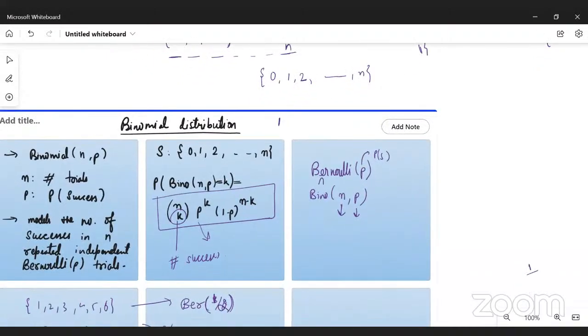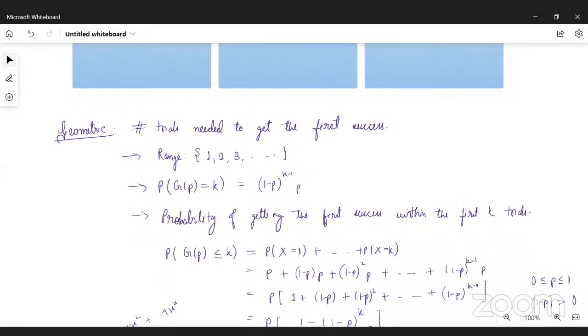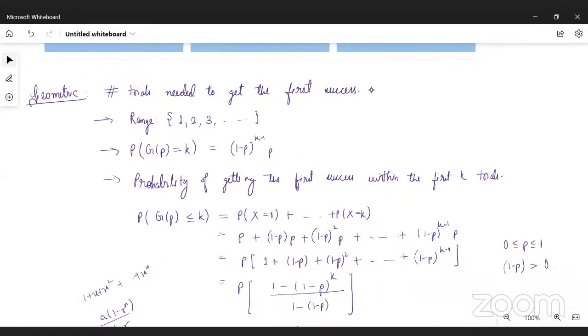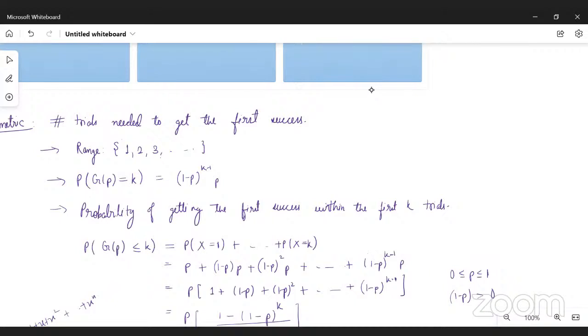Okay. So moving to the geometric distribution. The binomial distribution models the number of successes that you get in n independent Bernoulli trials. The geometric distribution models the number of trials needed to get the first success. For example, the number of trials needed to get the first head.